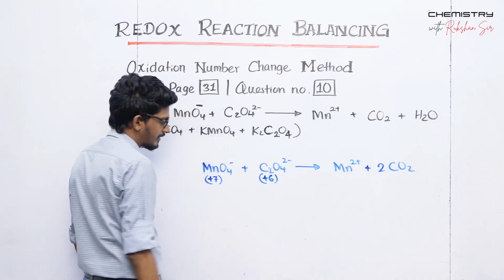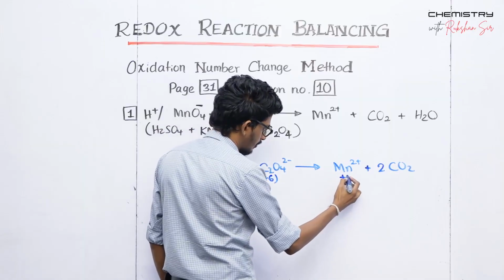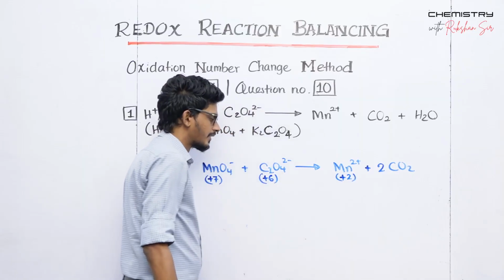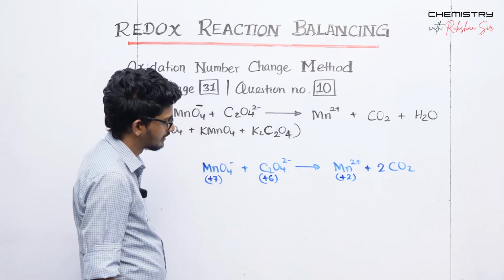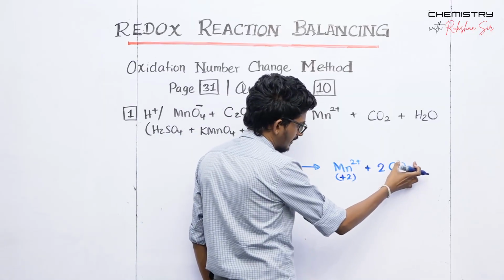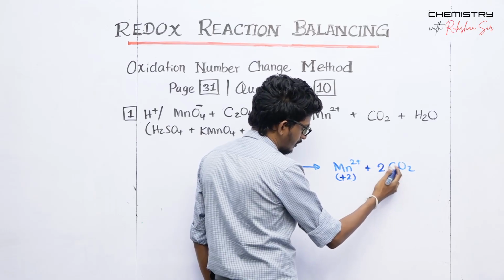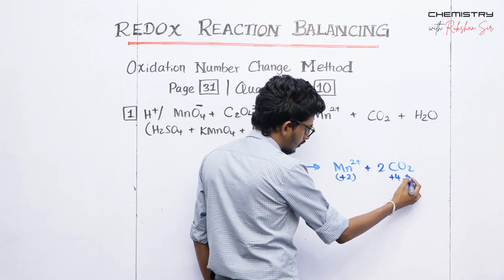For the carbons in oxalate, the four oxygens give -8 and the charge is -2, so the two carbons total +6. On the other side, Mn is a +2 monoatomic ion. For CO2, two oxygens give -4, so carbon is +4, and two such carbons are available, so 2 of +4.